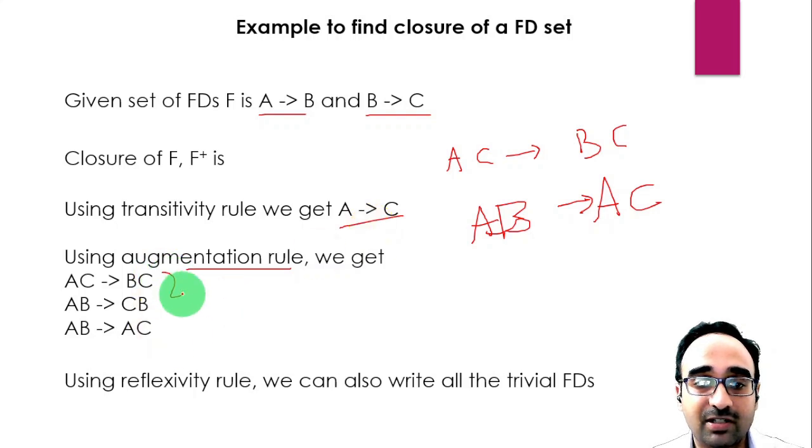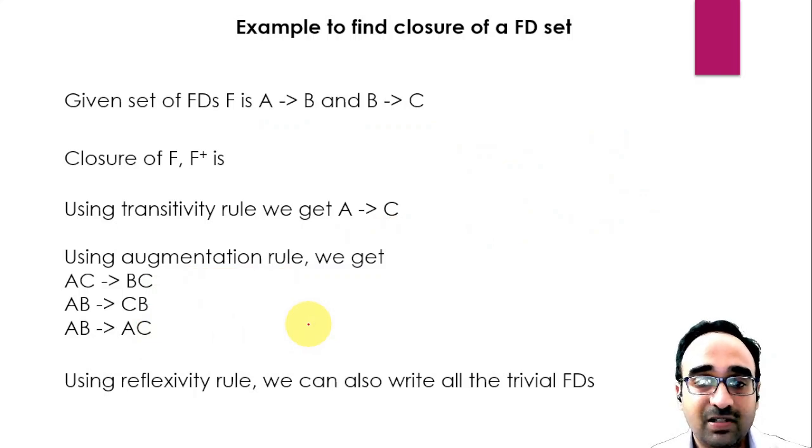That is how you got these three. And of course you can use the reflexivity rule and write all the trivial FDs: A to A, B to B, C to C, etc. The set of all these FDs is called the closure of F, or F plus. I hope you understood. If you have any doubts on this, you can comment below the video.